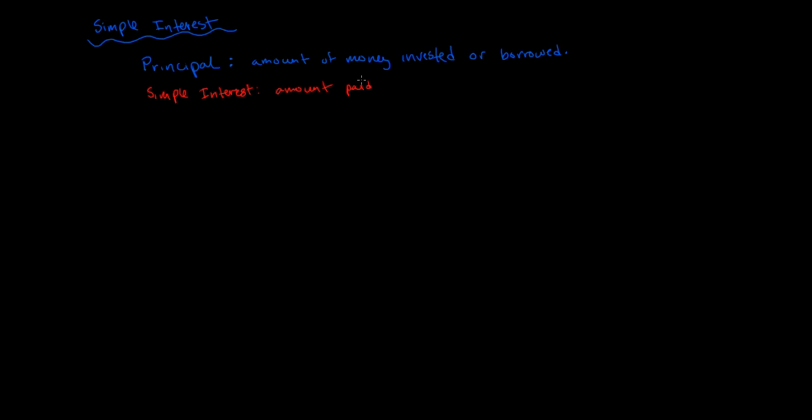In the case of you using a bank account, the bank is now paying you back money for allowing them to use your money for giving out loans or paying bills or things like that, and then they have to pay you interest and pay you some money back. So this is called simple interest.